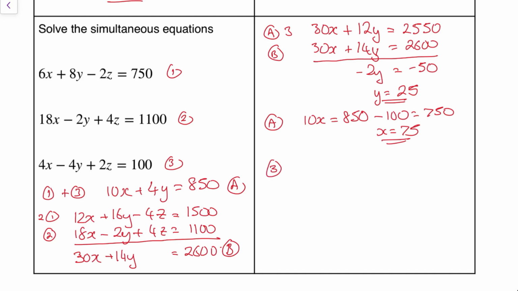So 4x, so 75 times 2 is 150 times 4 is 300, minus 4 times y, which is 100, plus 2 times z that I don't know is equal to 100. Add 100 to both sides is 200, take away 300, so 2z is equal to minus 100, which means that z is equal to minus 50.